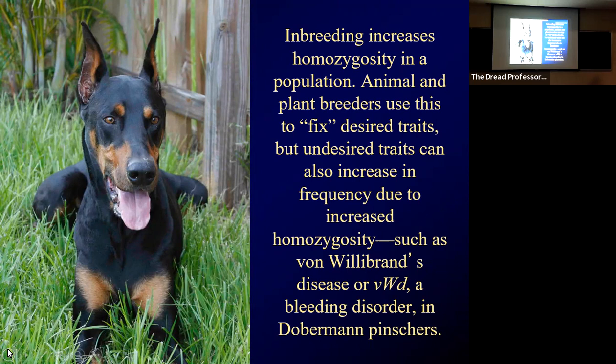You do not want to cross 2 racehorses together and get a Clydesdale, one of the really big horses that used to be used for pulling carts or something like that. If you're breeding racehorses, you want to cross 2 racehorses together and get another racehorse.